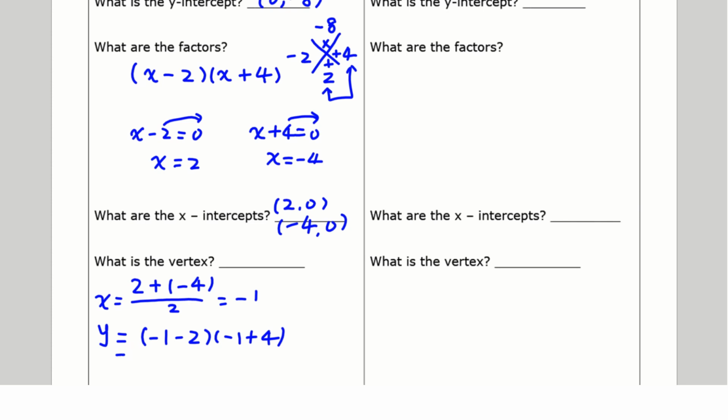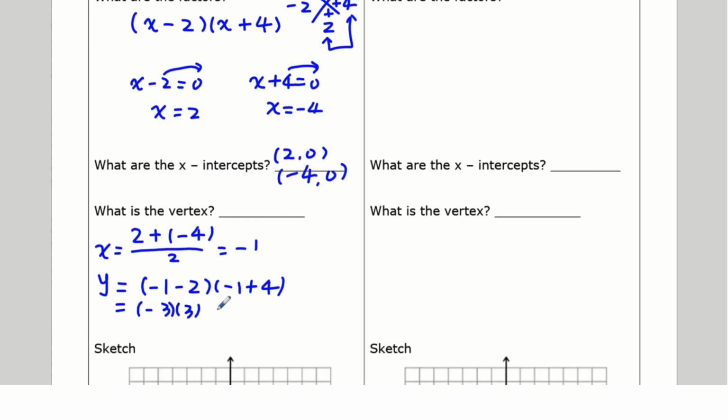We have -3 times +3, because the vertex is at the middle of these two zeros, so it should be the same number but opposite sign. So it's -9. So we have (-1, -9).